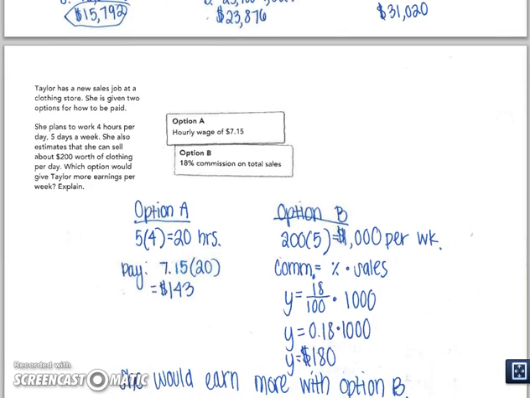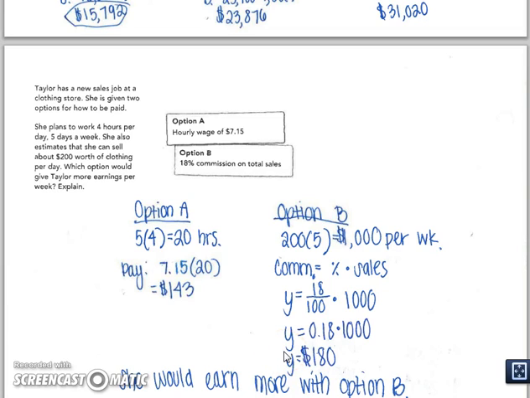Just like in the other examples, we change our fraction to a decimal. 18 over 100 becomes 0.18 times 1,000. We multiply those together, and we see that she would make $180 in commission every week.